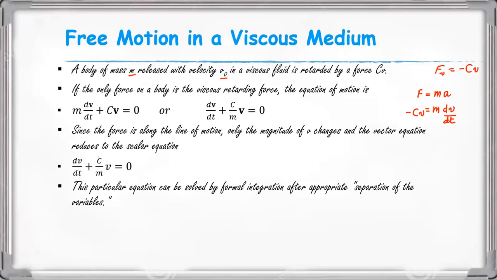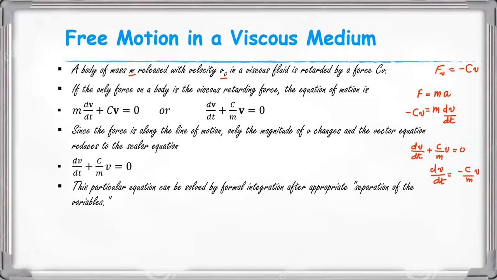Okay, so look at the expression. The expression is dv divided by dt plus c by m into v is equal to 0. First we write dv divided by dt is equal to minus c by m into v.